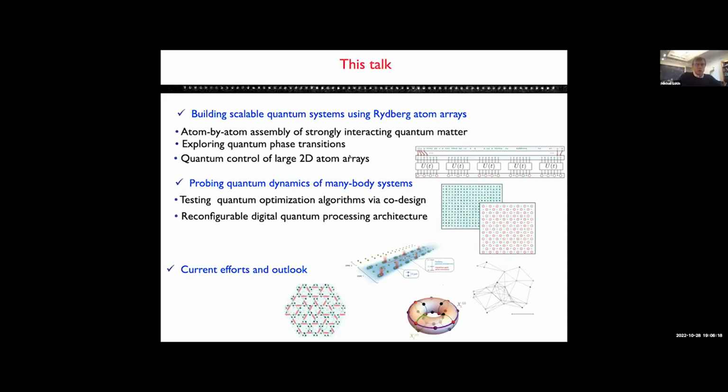And I will also talk about a digital approach, which is based on a new architecture, which offers a lot of opportunities for scaling up, but is also particularly fruitful for optimization and co-design, and might enable us to experiment with logical qubits and implement quantum algorithms with logical qubits in the relatively near term.